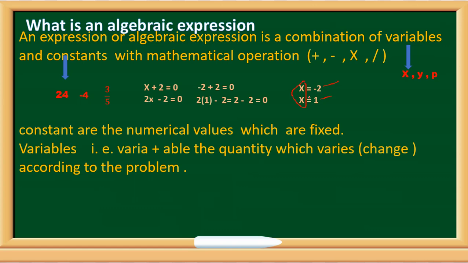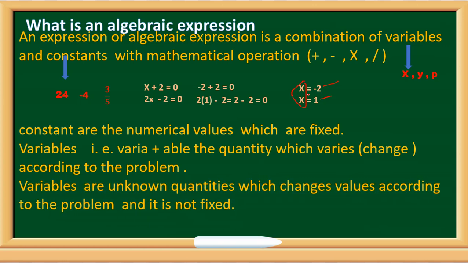That means the quantity which can vary or change according to the problem. So we can say that variables are unknown quantities and change values according to the problem; it is not fixed.